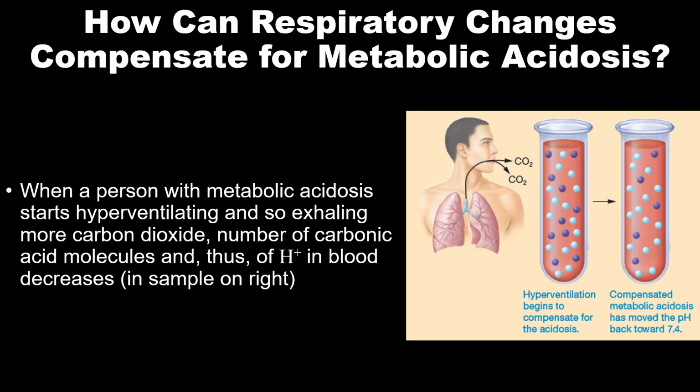Respiratory compensation for metabolic acidosis works by lowering the total number of hydrogen ions in the blood. And the same situation exists for metabolic alkalosis, but in reverse. CO2 is retained to increase the total number of hydrogen ions in the body, returning the pH to normal.